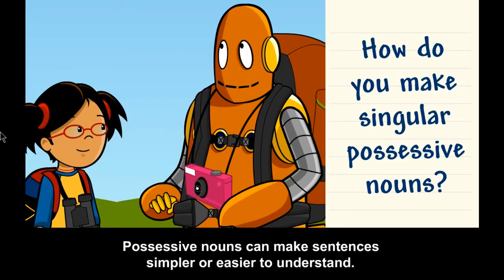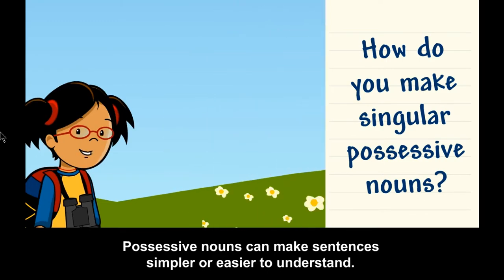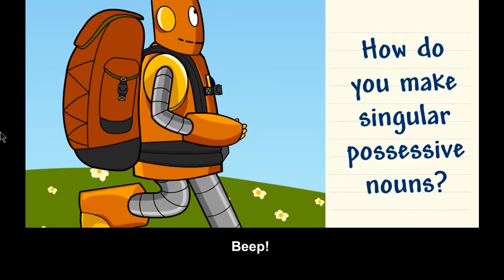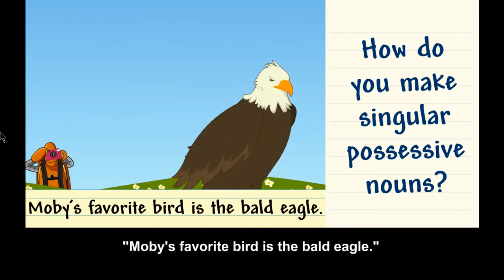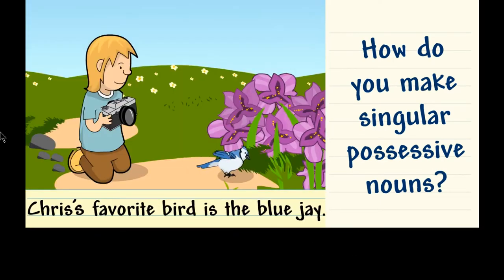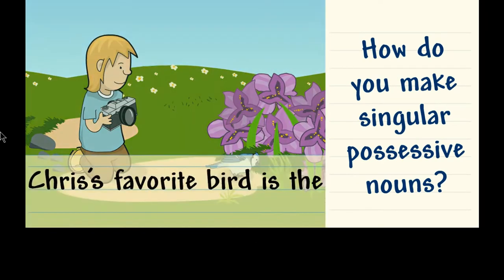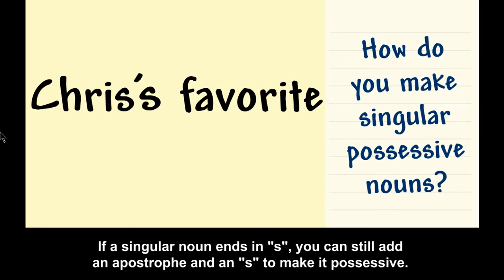Right, Moby. Possessive nouns can make sentences simpler or easier to understand. Moby's favorite bird is the bald eagle. Chris's favorite bird is the blue jay. If a singular noun ends in S, you can still add an apostrophe and an S to make it possessive.